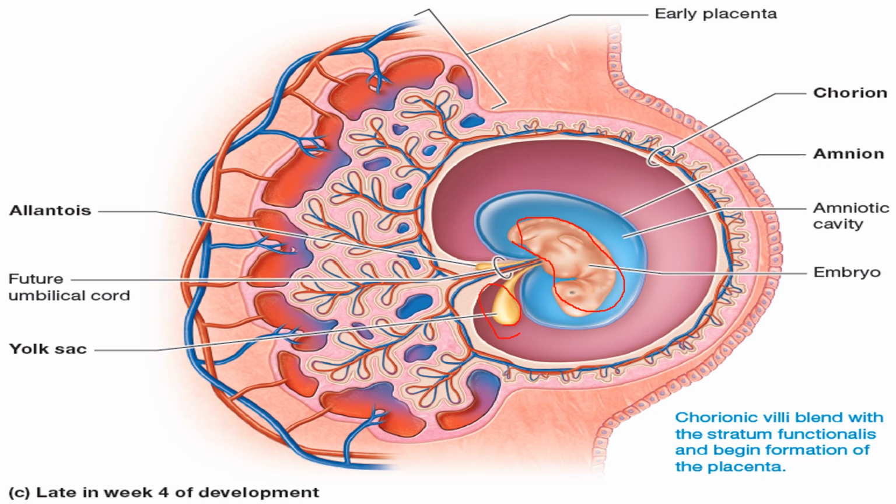The yolk sac is still here. The embryo is still inside the amniotic cavity, inside the amnion, and the chorion you see has sort of thinned out and become just a very, very vascular structure.